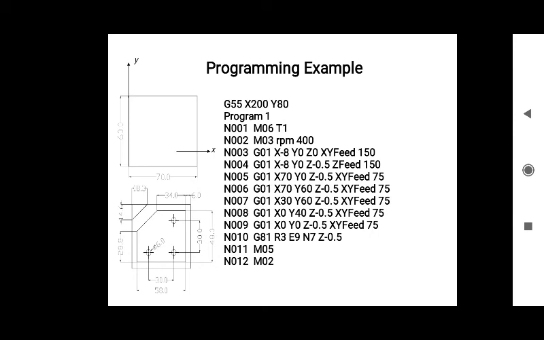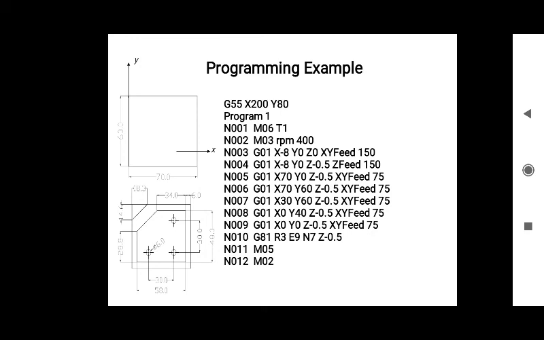Okay, so in the first line, we set the datum to the lower left corner of the workpiece. Then this is the program number. Then we have selected the tool with M06, its tool number is 1.